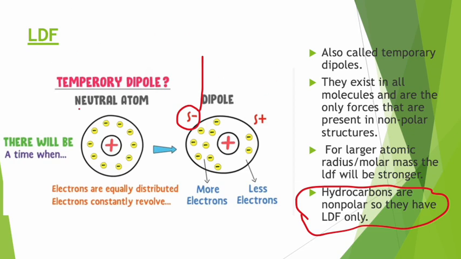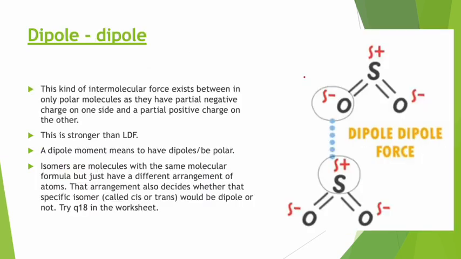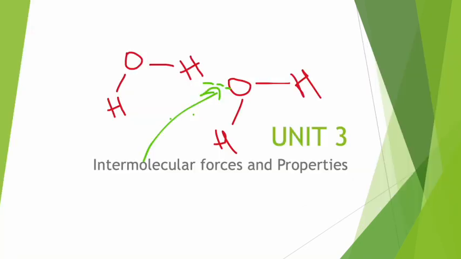When one side of an atom has a partial negative charge and it's interacting with another molecule that in that moment also has a partial positive charge, they are going to attract one another. This is how they stick together, and this is how non-polar molecules are in a liquid form.